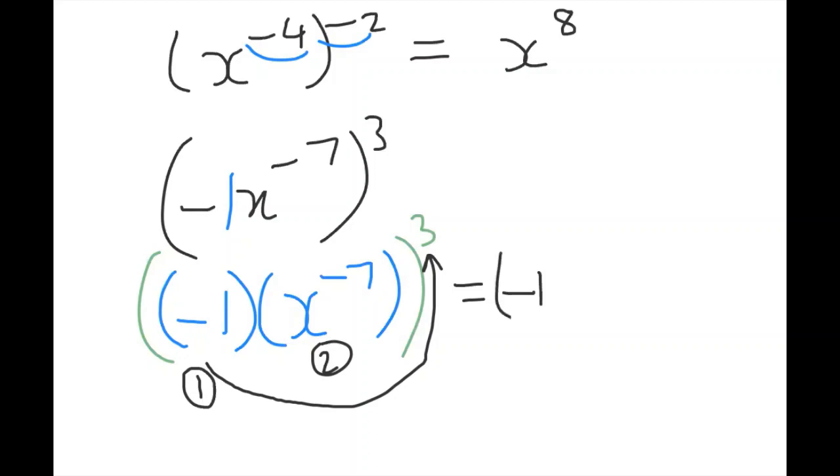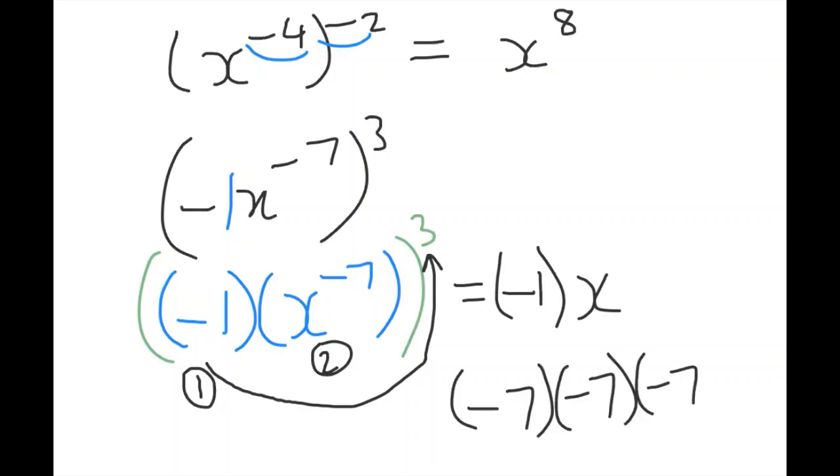Keep that in a bracket for now. Then I'm going to do x to the minus 7 to the power 3. So it's minus 7 times minus 7 times minus 7. A minus and a minus and a minus gives you a plus. And 7 times 7, just working it out, 49 times 7 is 343.